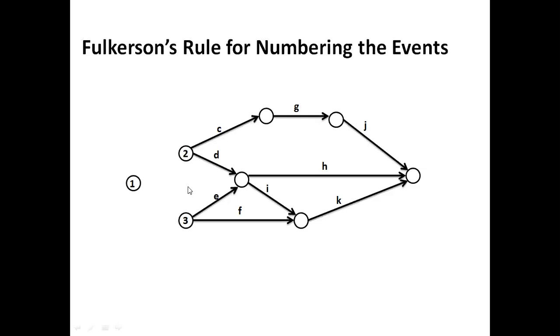Then after this, again, what we need to do is delete the outgoing arrows from these numbered events. So let us remove C, D, E, F. These are the outgoing arrows from these numbered events. So these have been removed.